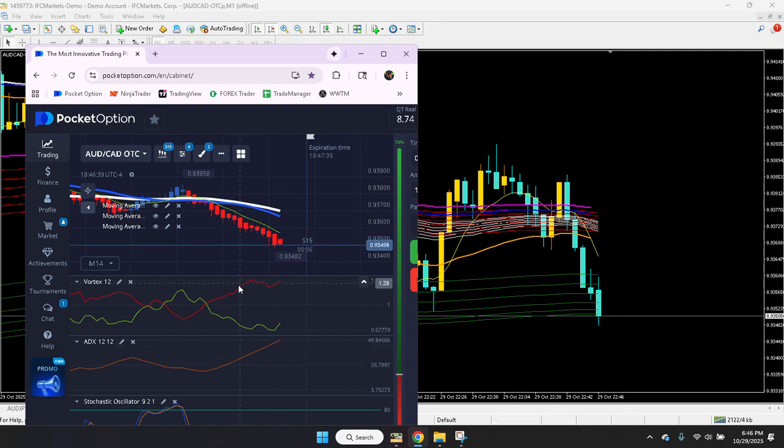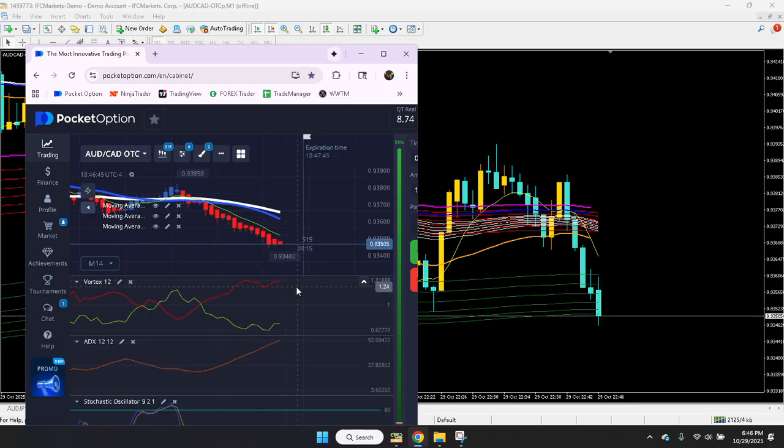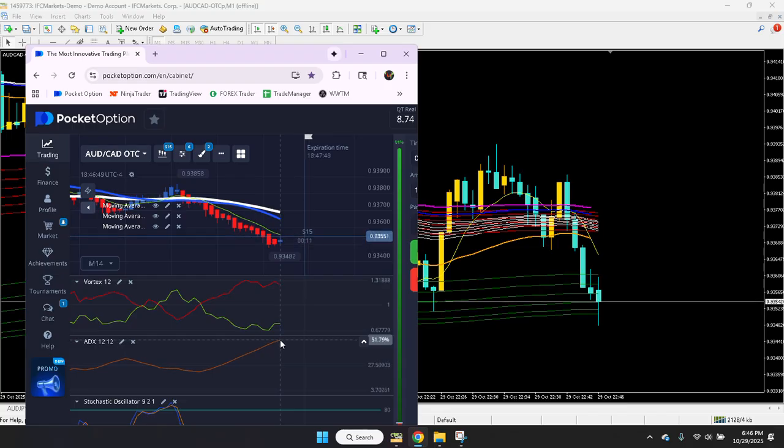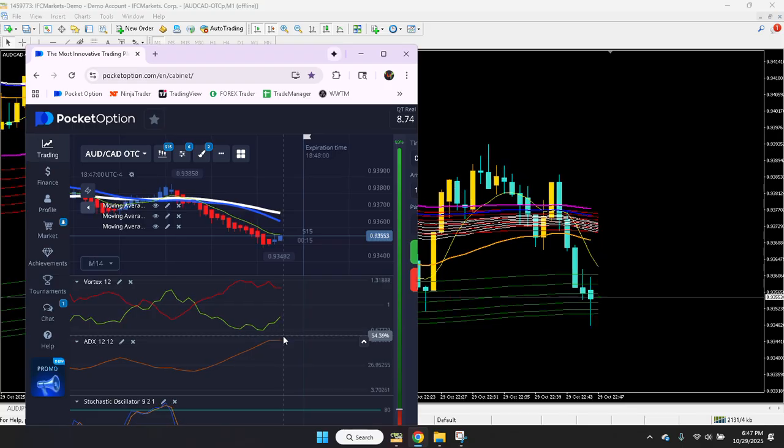All right, so if you're not familiar with the Vortex, right now currently the sellers are in power. There's a lot of pressure, but it doesn't mean it's going up, because even if it's going down, there's a lot of pressure. When it's high up here, there's a lot of pressure for a direction.